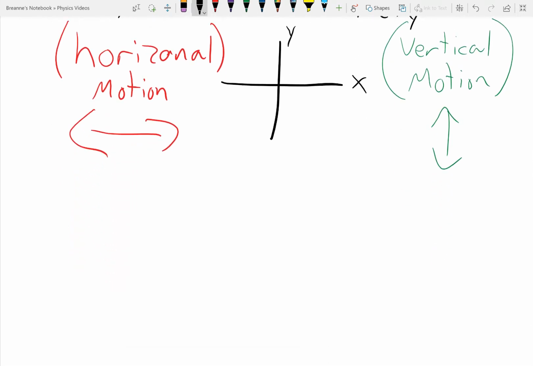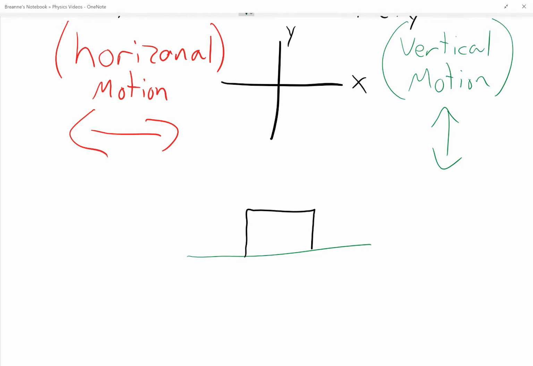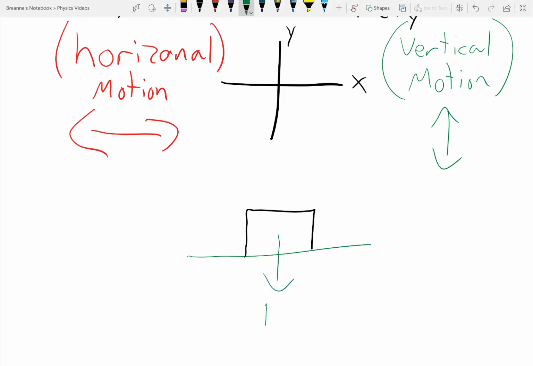So let's look at a basic little free body diagram. We have a box. Now, what force is always there? It's the first force you would shout out. Hopefully y'all are shouting out gravity. Yay, gravity! So force of gravity always points down.